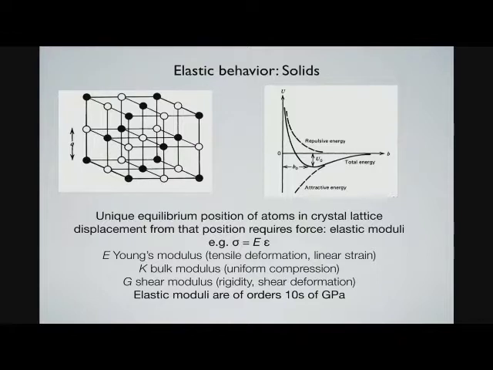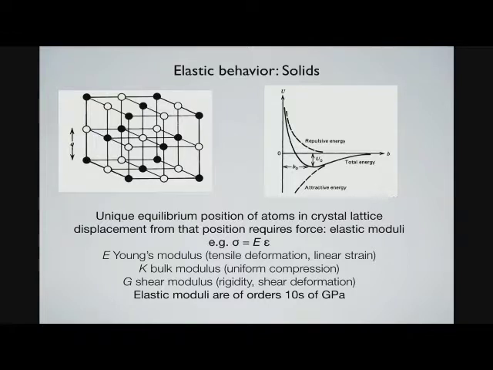For the Earth, or in general for all solids, I should say, it's a little bit different. The restoring force, instead of little springs everywhere, of course, you have atoms in an equilibrium position in a crystal lattice. So a regular crystal lattice, and you can see this is a very simple lattice. The equilibrium position of these individual atoms is determined by the potentials, the electrostatic interaction.